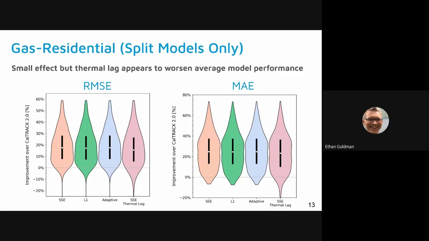I know we see a little bit here now as we're getting into these later slides, but it's frankly surprising to me that the distributions have been so similar, and I wonder whether that suggests there's some underlying structure in the errors that Caltrack has, in the current 2.0 Caltrack, that it's producing some kind of weird errors in each model, and these are all not having those errors, and so they're all fixing the same error at the same time or something. It's just bizarre that they're so similar.